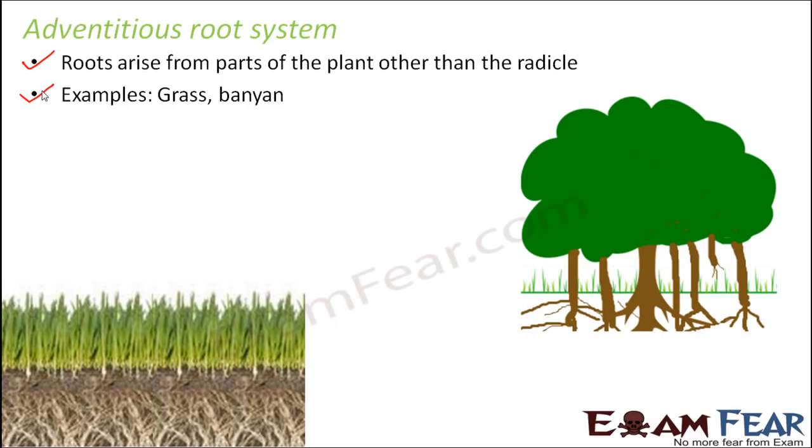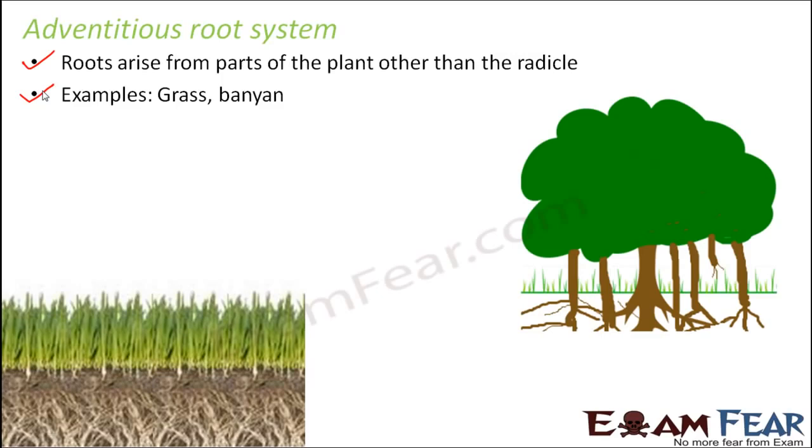So broadly, what are the different types of root we talked about? First is primary root system, where the roots develop from radicle. Second is adventitious root system, where the roots do not develop from radicle. In primary root system, we again have two types: tap root system, where one single primary root develops from the radicle, and from that primary root we have branches.